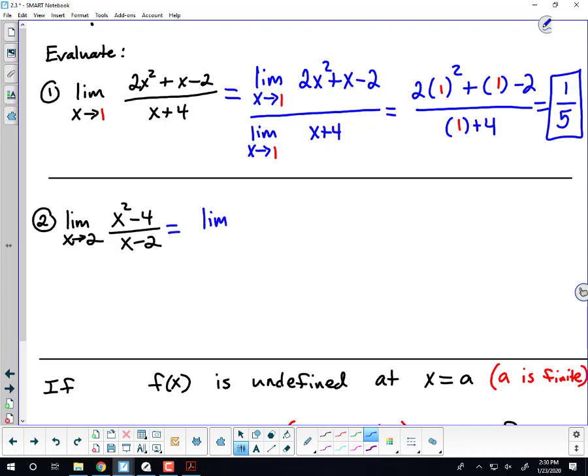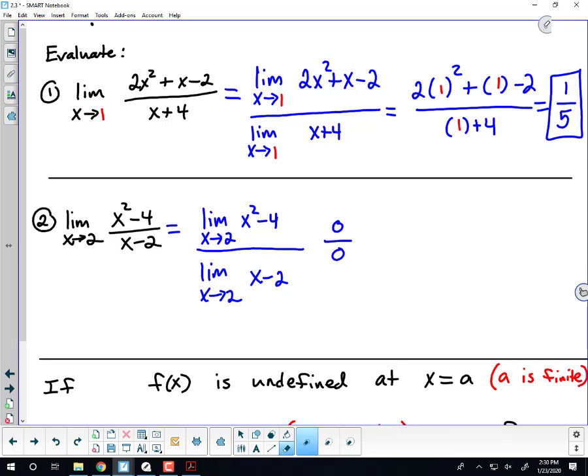So if we write it out like we did the last one, and we compute this limit, we're going to get 0 on top, 0 on bottom, and even if we tried that property and forgot the restrictions, now we clearly see that there's a problem. So evaluating it this way isn't going to work out for us.